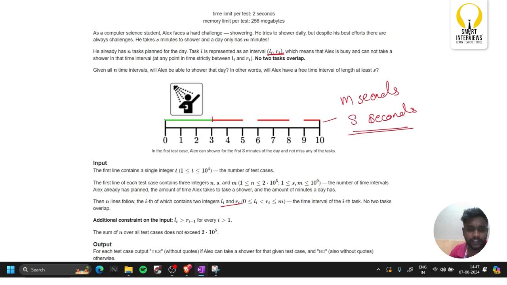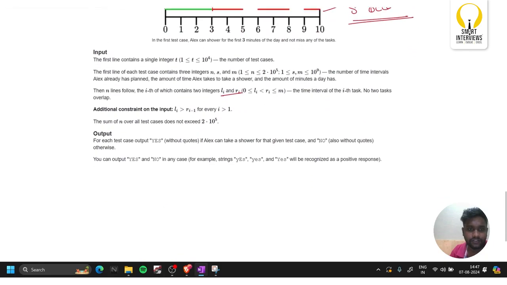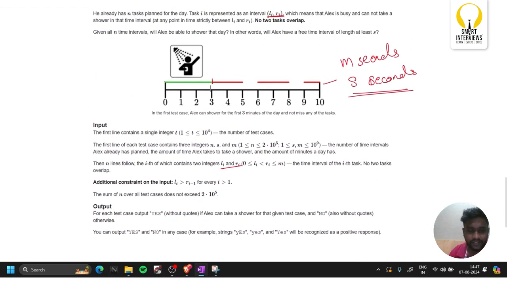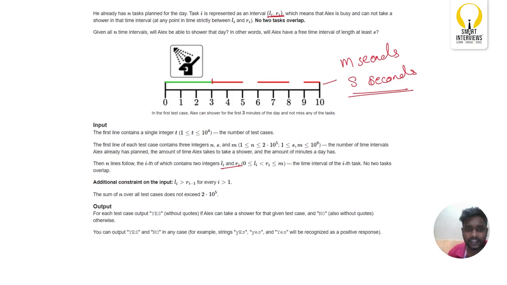If you look at the sample example, one task starts at 3 and ends at 5, let's say in seconds. The second starts at 6 seconds and ends at 8 seconds. The last task starts at 9 seconds and ends at 10 seconds.